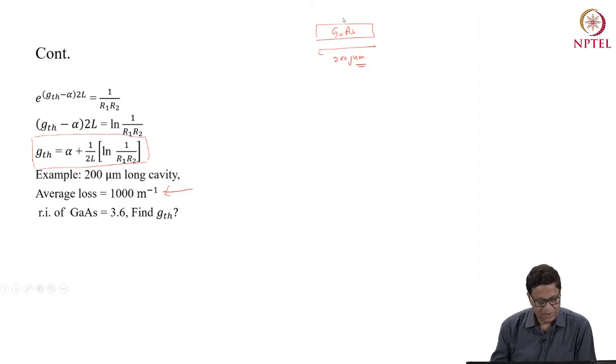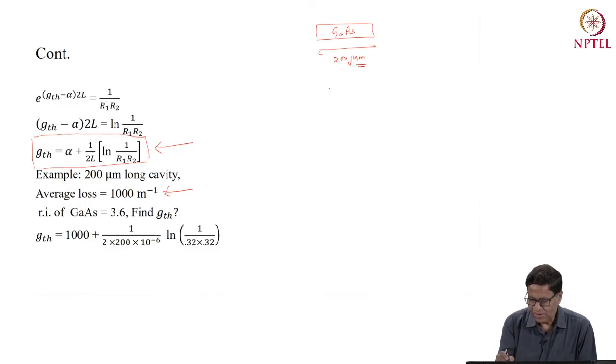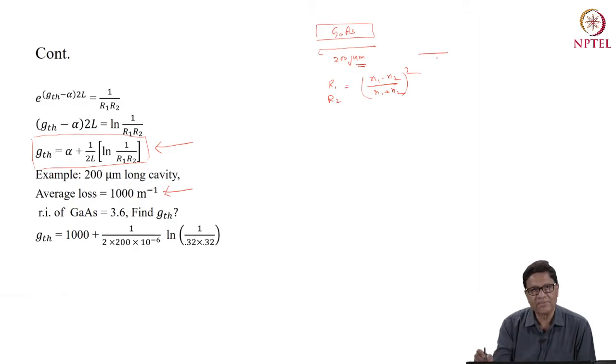If you put these values in this expression, recall that R1 and R2 can be calculated as ((n1 minus n2) over (n1 plus n2)) whole squared. This is how you find the reflection coefficient, where this is n1 and this is n2.